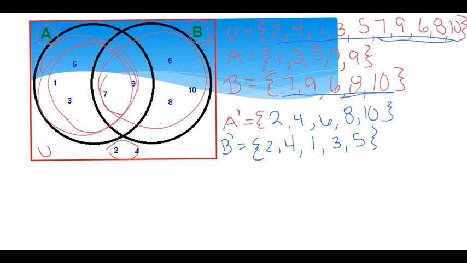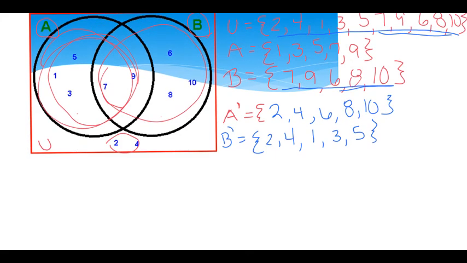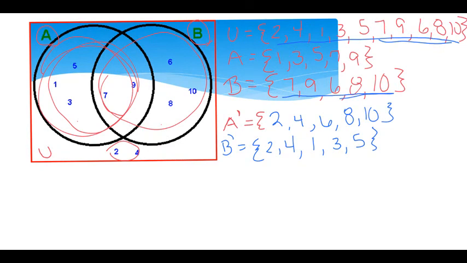We're also going to talk about the union and the intersection of sets. So if I give you A and then an upside down U, B, that upside down U stands for the intersection of sets.